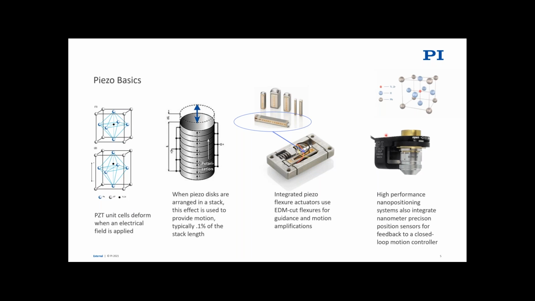So you can essentially have a resolution that's only limited by your electronics noise. PI manufactures many different types of piezo components: chips, discs, tubes, shear elements, benders, stacks. So we have a lot of technology available. Primary focus here is in stacks.